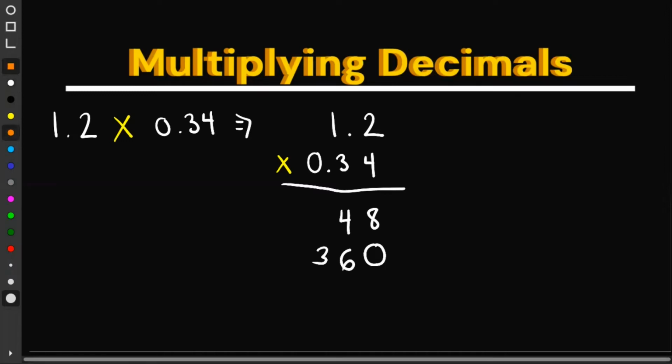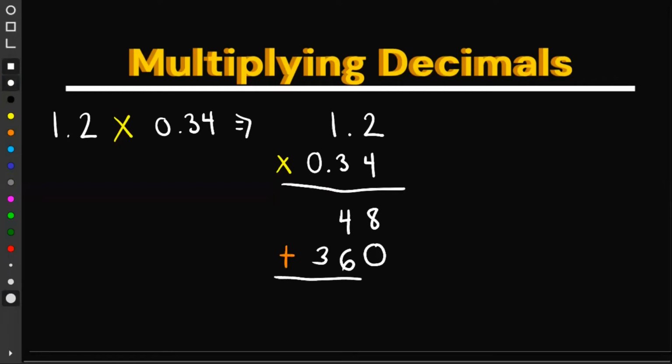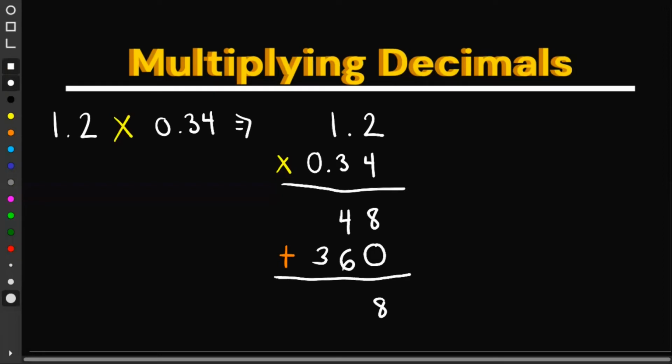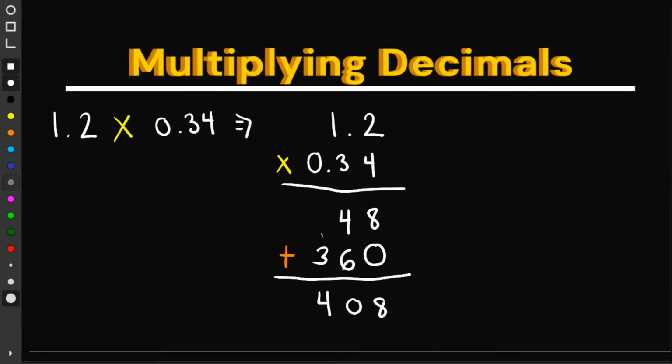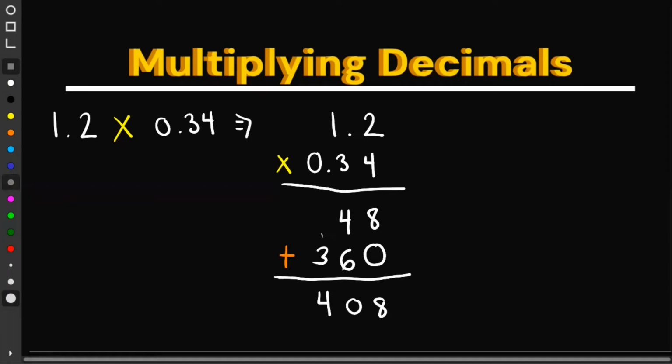And then we add these numbers. So this would give us 8, 4 plus 6 is 10, so carry the 1 over here. 3 plus 1 is 4. And so this is the answer, but we then move the decimal places.